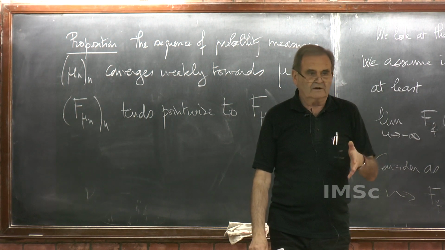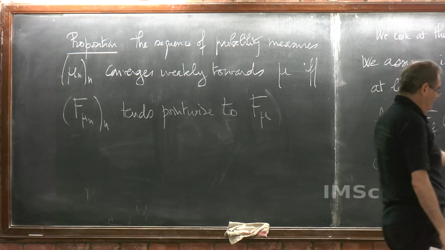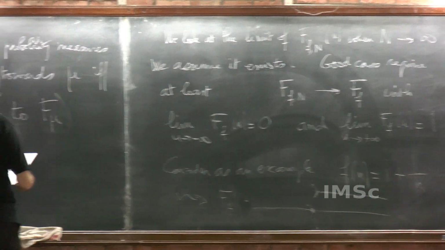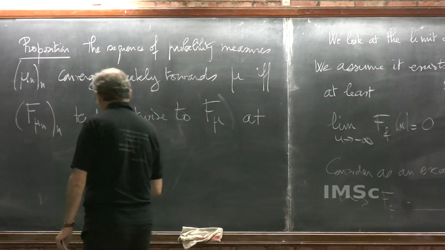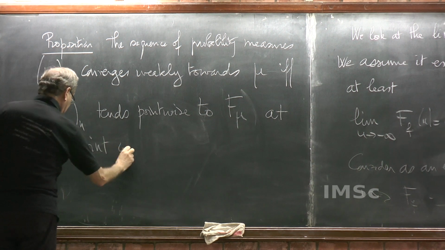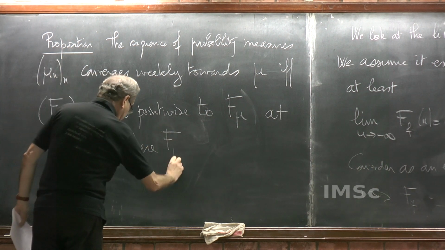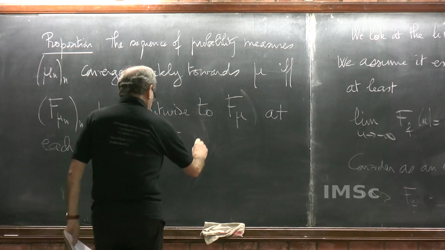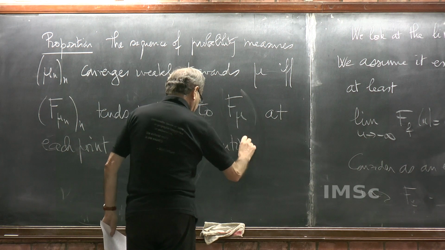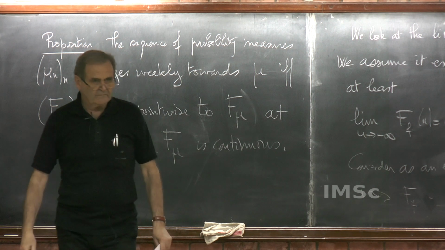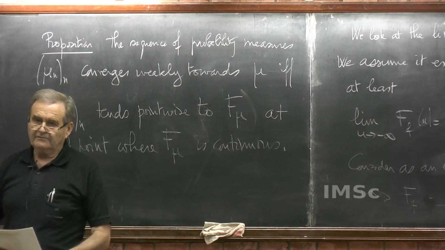So then you can always make out of such a function one which is continuous from the right without changing anything almost. Okay? So it tends pointwise at each point where F mu is continuous. Okay?